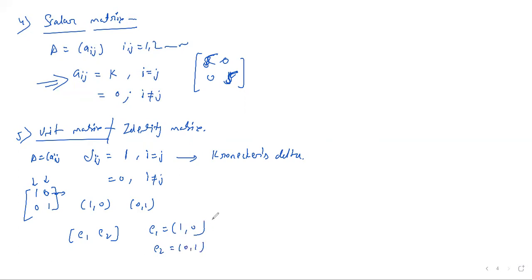So we can say that the corresponding columns of this identity matrix are my Ei, which are the standard basis. E1 to En are actually the standard basis of, let's say, F to the power n. So I can write this identity matrix as E1, E2 for any 2 cross 2, where E1 and E2 are the corresponding 2 cross 1 column vectors. Now there is another type of matrix, which is the triangular matrix.